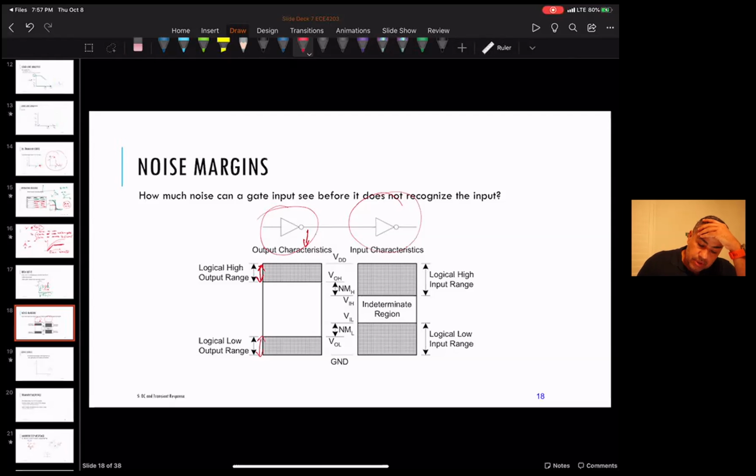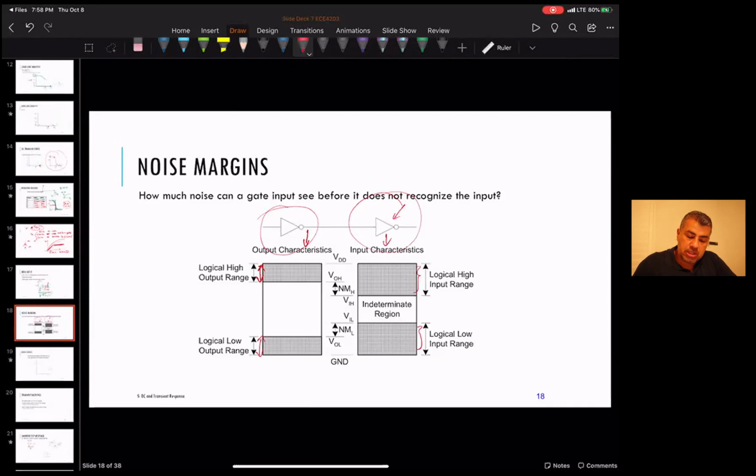And if you look at this inverter, it has a permissible range of input high and input low values, where we recognize a logic low and a logic high.